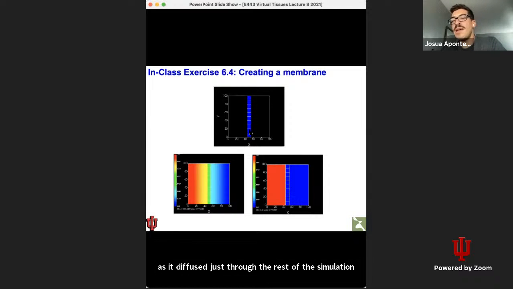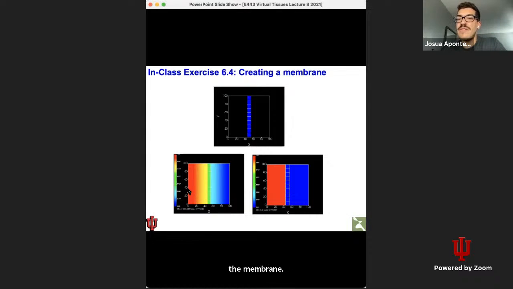Then we played with the local diffusion coefficient corresponding to the cells that compose the cell membrane. By decreasing it, we went from the regime where the chemical was diffusing throughout the simulation domain equally to a domain where the chemical was diffusing more slowly through the membrane.